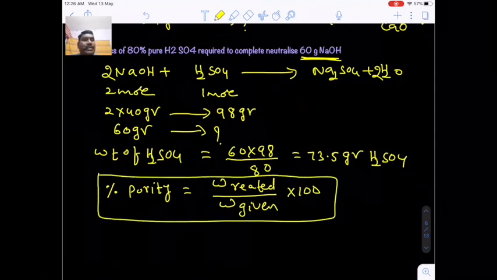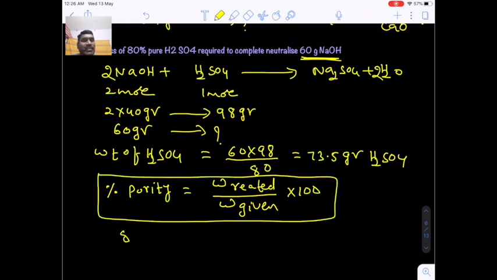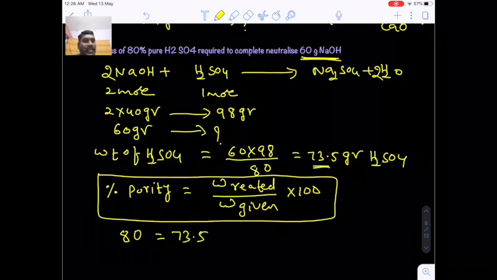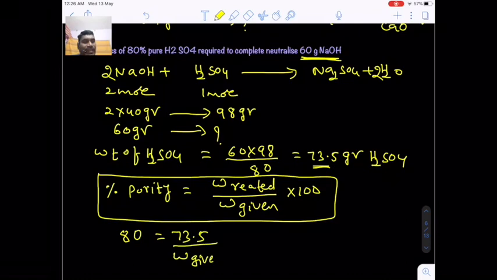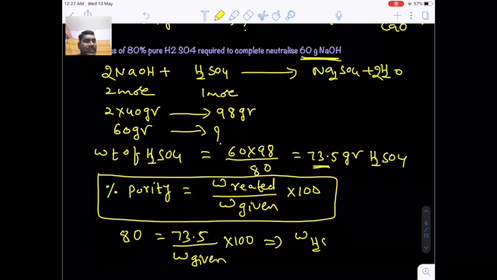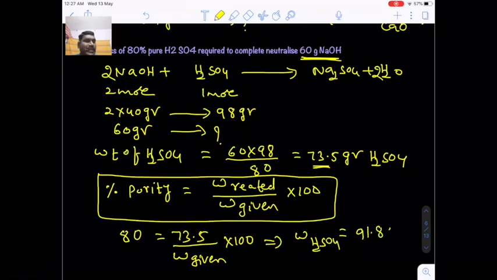Now in the question, the percentage purity given to you is 80. Now W of the reacting substance is 73.5, divided by W given, which is to be calculated, into 100. From here, weight of sulfuric acid will be equal to 91.8 grams, that is approximately 92 grams.